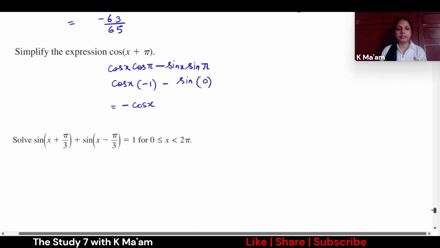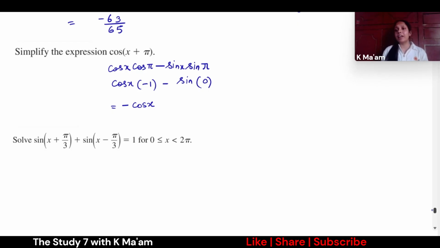Okay. Next. It says solve sin of x plus pi by 3 plus sin of x minus pi by 3 equals 1. So I'm directly writing the values. What is the sin A plus B, sin A minus B for this corresponding A and B values.